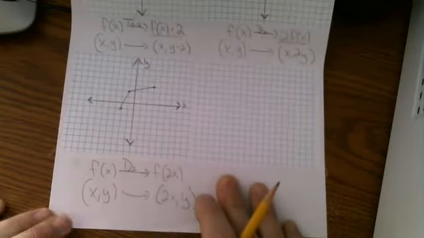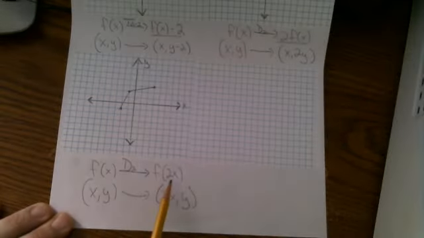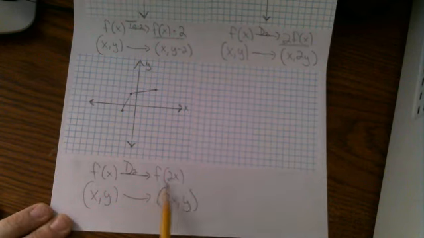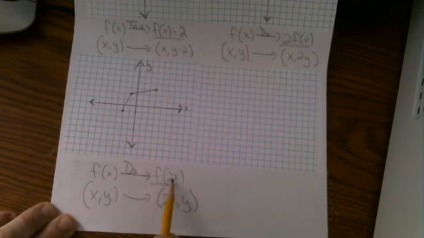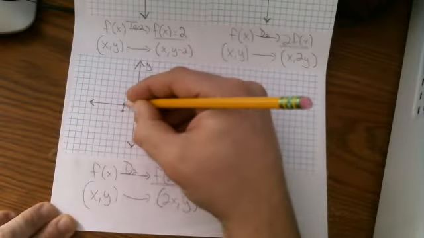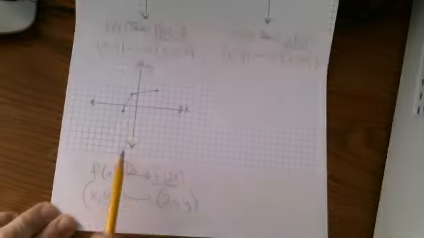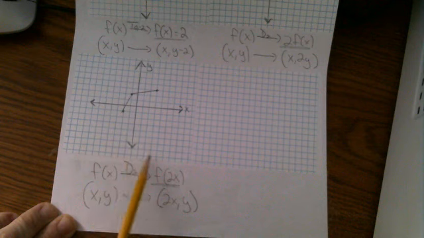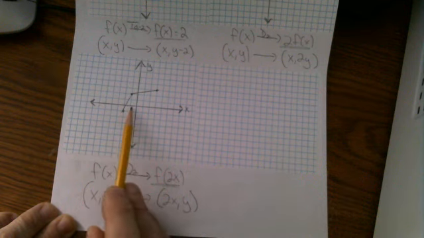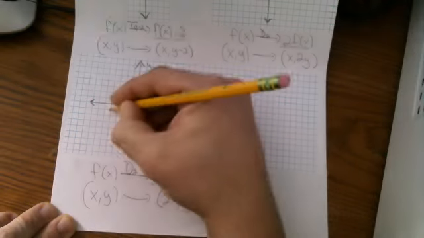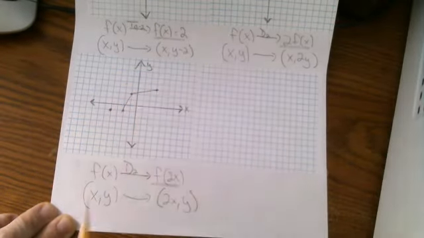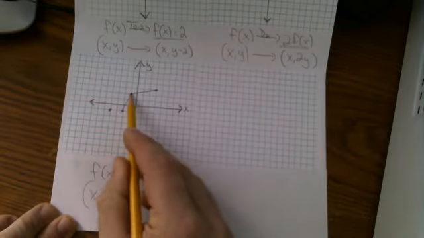Last example, we can also dilate by 2 in the x direction. So take a moment and find f of 2x. If you've done this correctly, you should have recognized that the x value is now being multiplied by 2. This is the ordered pair negative 2, negative 1. If I multiply the x value by 2, I now have negative 4, negative 1. This is the ordered pair negative 1, 2.